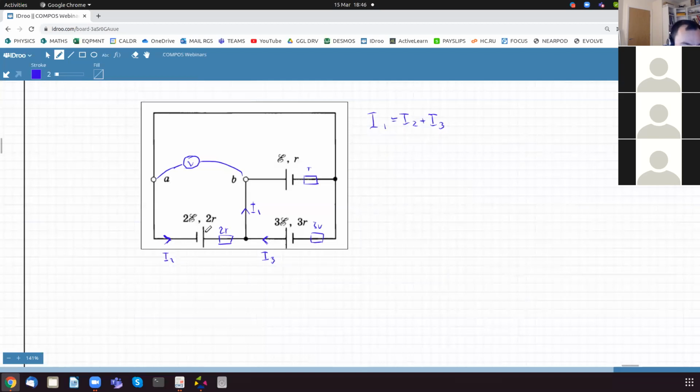So if the current goes this way, this is plus, this is minus, plus, minus. Here we have plus, minus, plus, minus. And here plus, minus, plus, minus. So choosing a loop, there are three loops here.